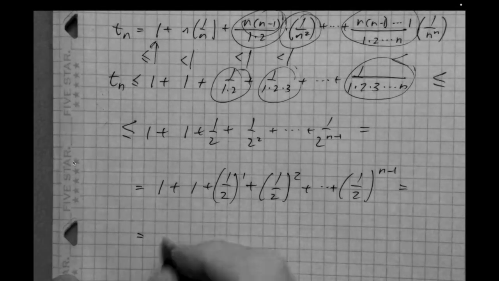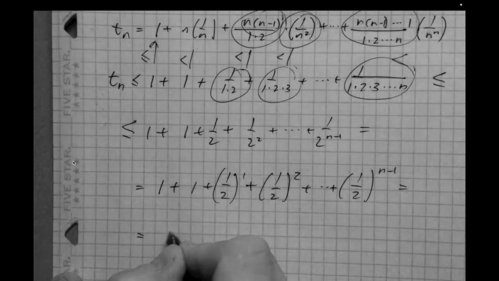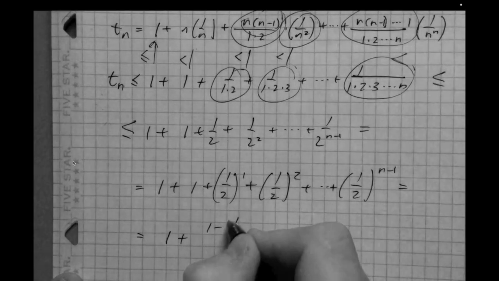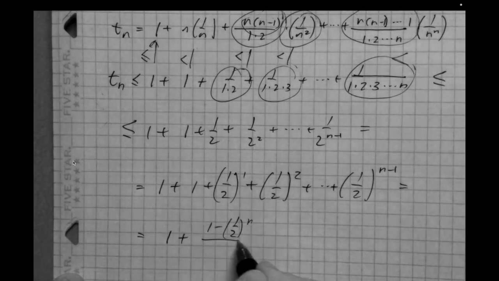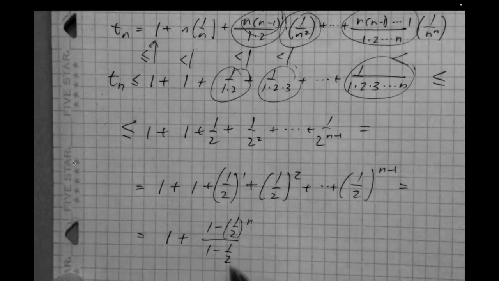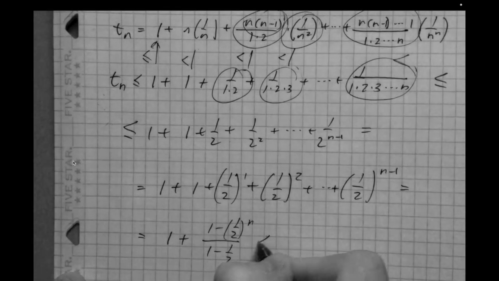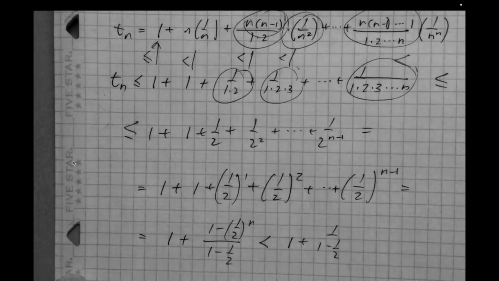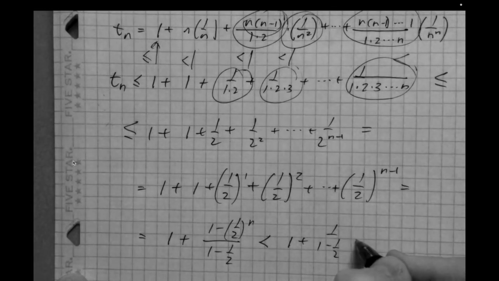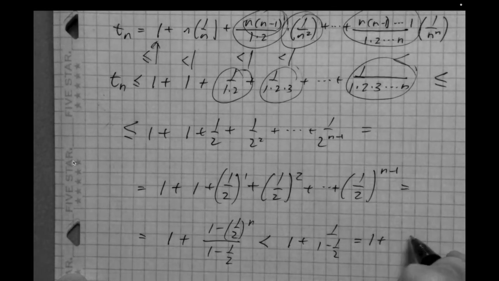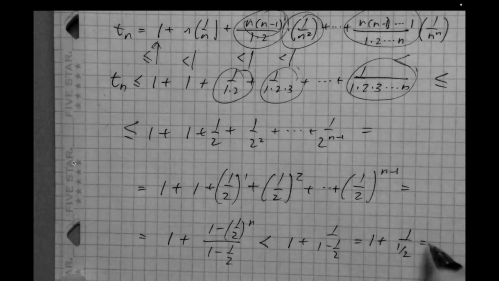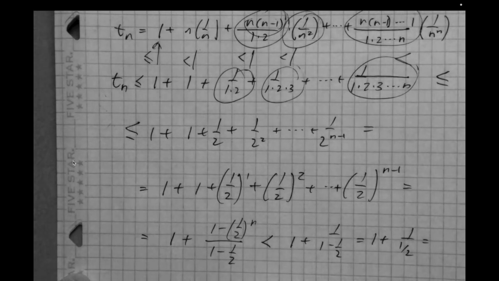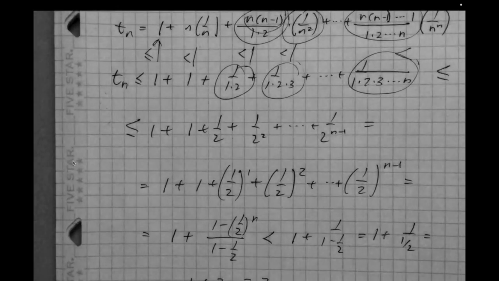You can basically say this is 1 plus 1 minus 1/2 to the n power over 1 minus 1/2. Right? And that is going to be less than 1 plus 1 over 1 minus 1/2. Right? And you can just do the arithmetic here. That's going to be equal to 1 plus 1 over 1/2, which is equal to 1 plus 2, which is 3.